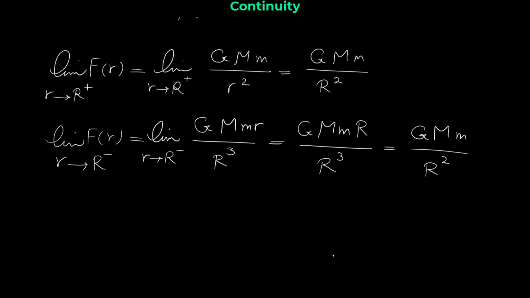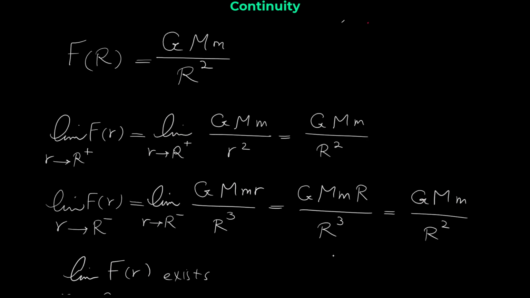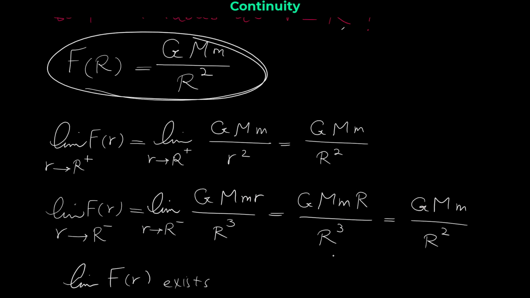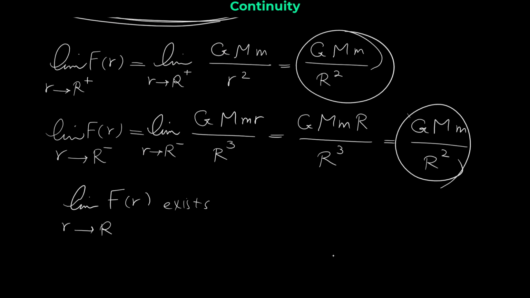As you can see, the right limit and left limit are equal to each other. This shows that limit of the function f of r when r approaches R exists. And if you look at the value of the function at R, it is also equal to these limits. So this shows what?